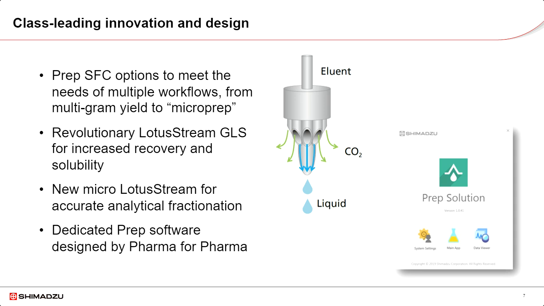For the purification suite, we've designed a full range of instruments that are capable of micro-prep up to 150 ml per minute semi-prep operation, all centered around our revolutionary Lotus Stream gas liquid separator running under our LabSolutions software, dedicated software designed for and with pharmaceutical companies.